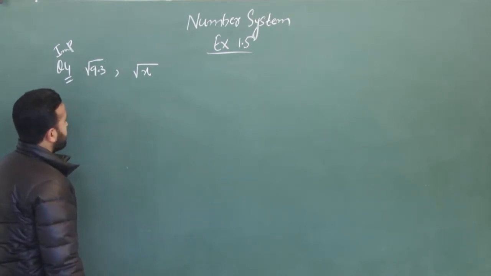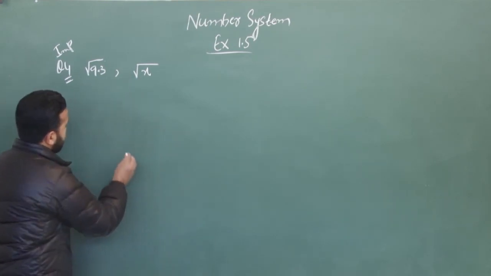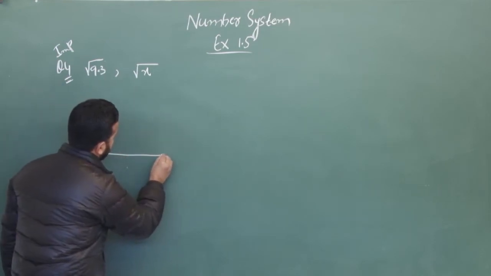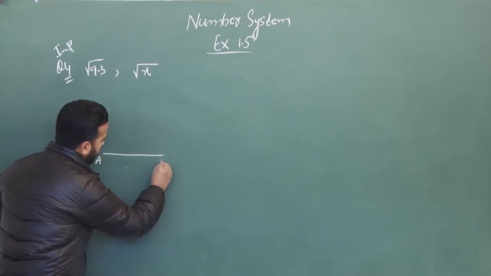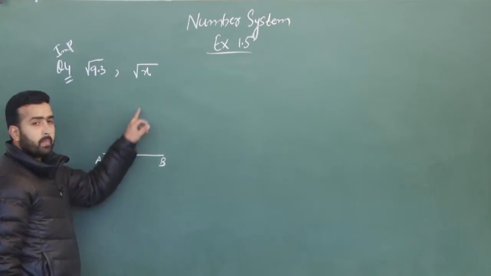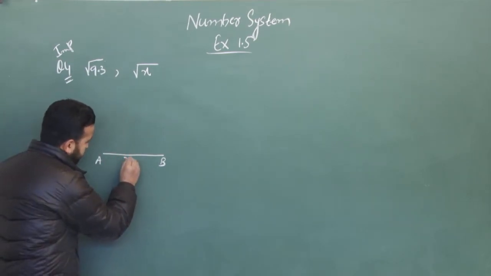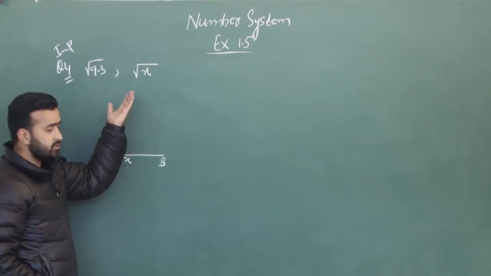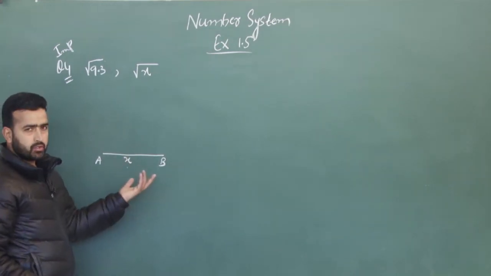First, from the geometrical point of view, we have to take a line segment and name it AB. This AB is to be taken of the length of the required number, that is x here. X can be any number, it can be 5, it can be 6, it can be 9.3 as well. So draw a line segment AB equal to x units of length.